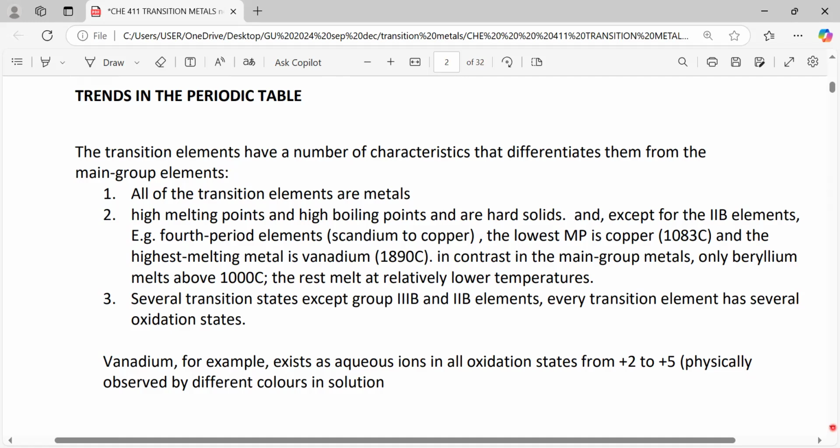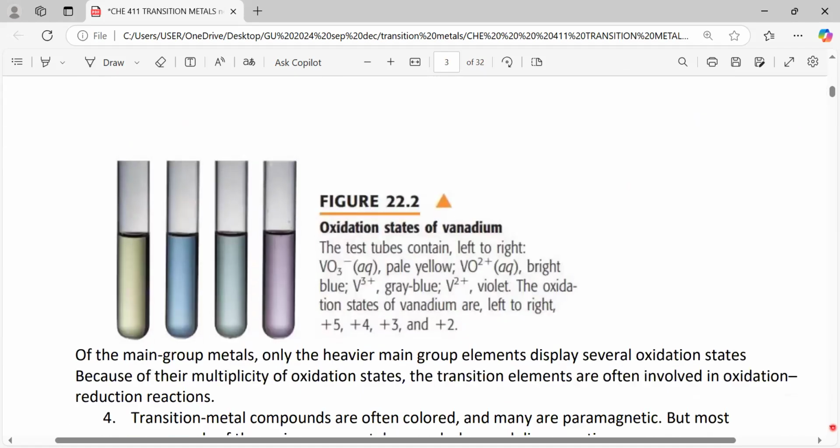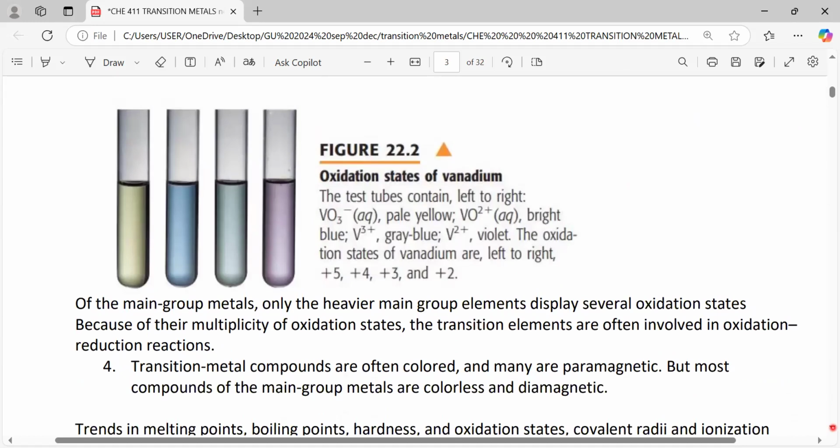And all these oxidation states have different colors. This is depicted in this photograph, figure 22.2, where you have the oxidation states of the element starting from pale yellow, then you move to bright blue, gray blue, violet.